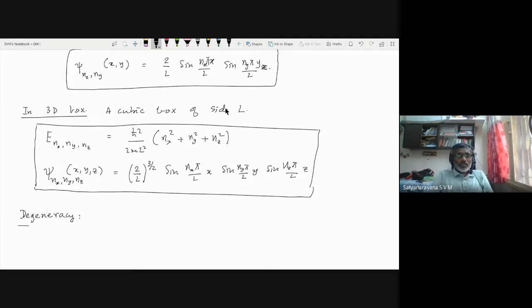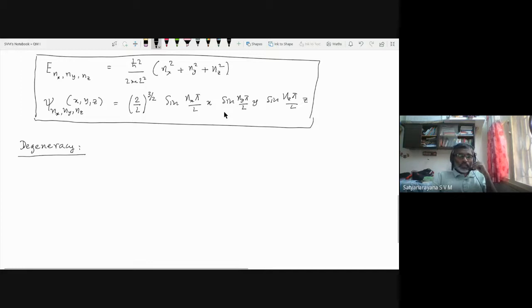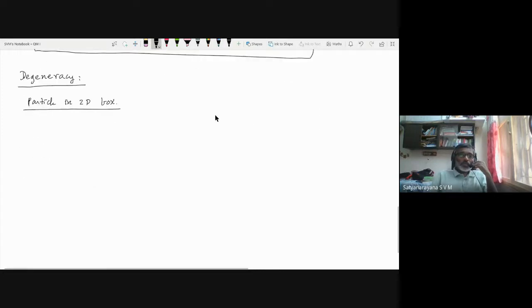We talked about this earlier when we were talking about the postulates of quantum mechanics. The degeneracy is something like this. For example, if you take a particle in a 2D box, you know the energy eigenvalues are E nx ny equal to h bar square pi square by 2mL square into nx square plus ny square.